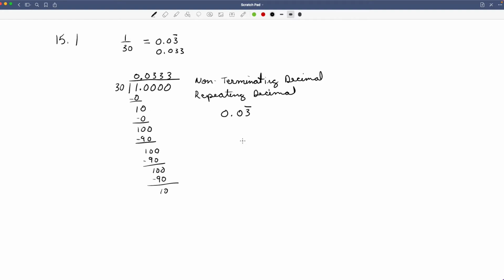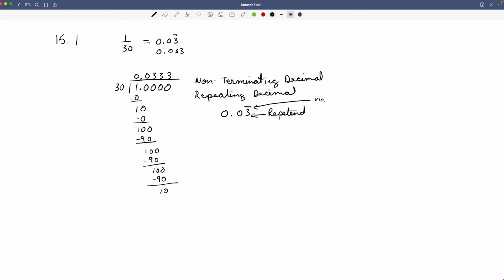So now we know how to write what is called the repetend. It's a repeating decimal, but we call it a repetend. That is the actual number that repeats. Make sure I spelled that correctly. Yes. The repetend in this case is 3. And the bar that we use over the top of this is called the vinculum.